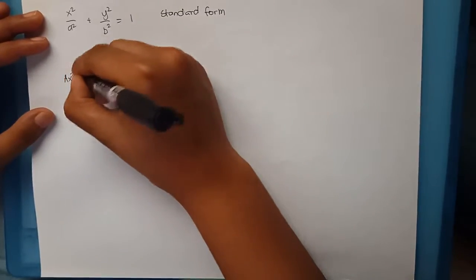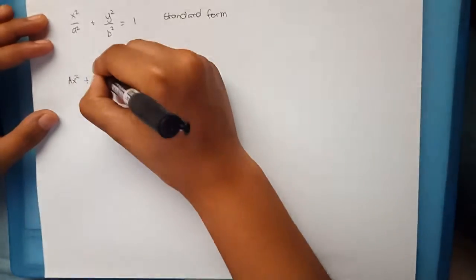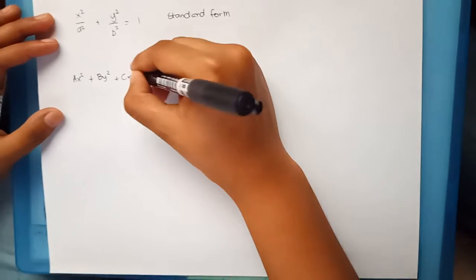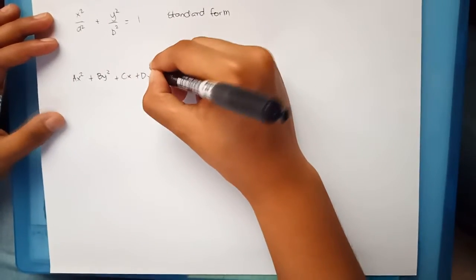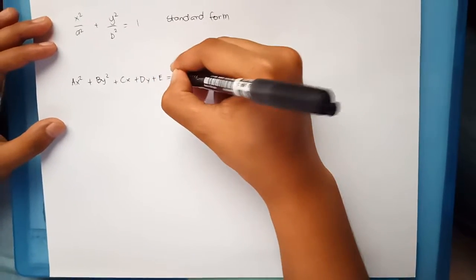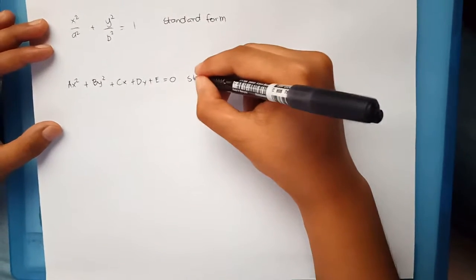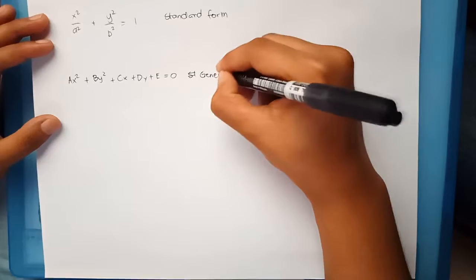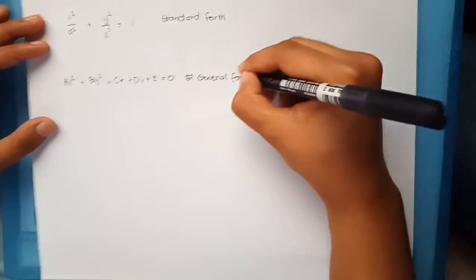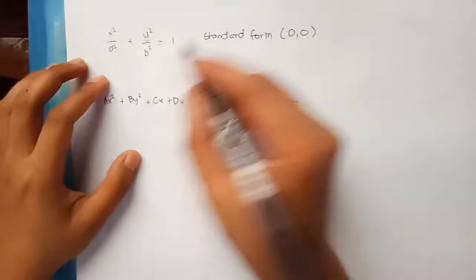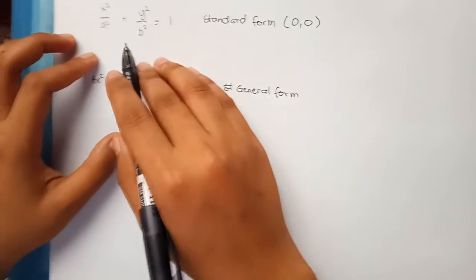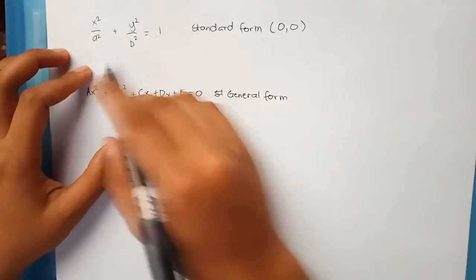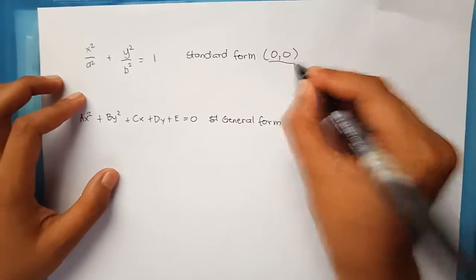While the general form is ax squared plus by squared plus cx plus dy plus e equals 0. This is the general form. We use this equation if the center of the ellipse is at the origin.